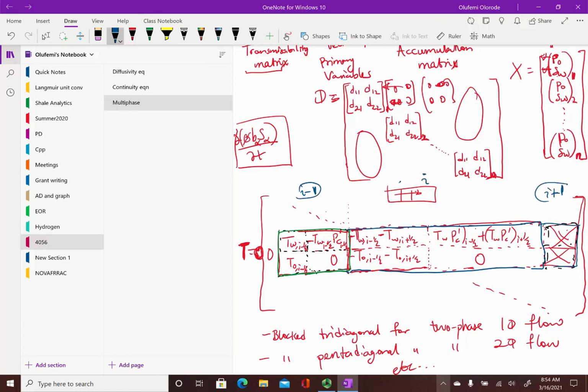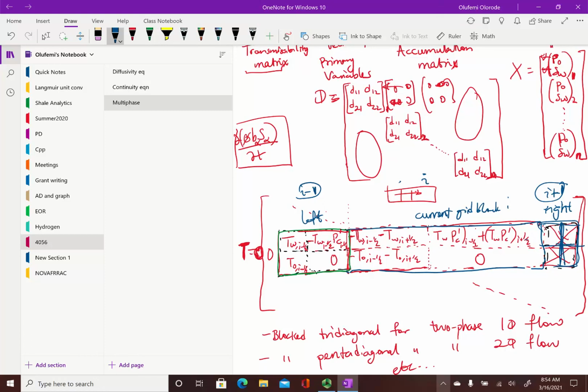Whatever is here will be similar to what is here, which is why I didn't bother writing this, but they are all blocks. It's 4 terms. This is also 4 terms, corresponding to the flux contribution from the left-hand side, from the grid block on the left, the flux contribution from the grid block on the right, and this is the flux contribution to the current grid block, I. And it typically has more terms in it.